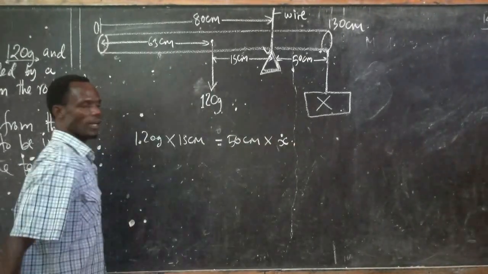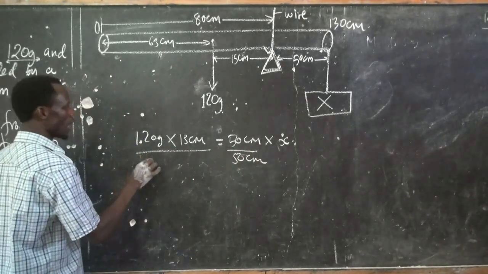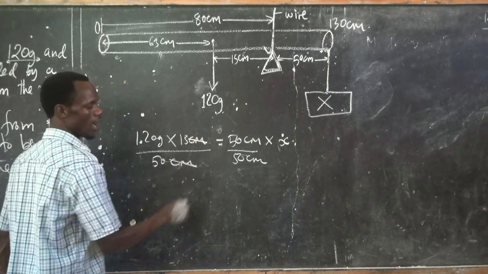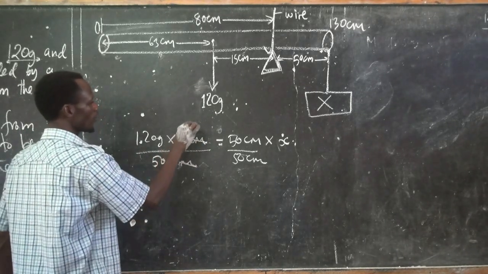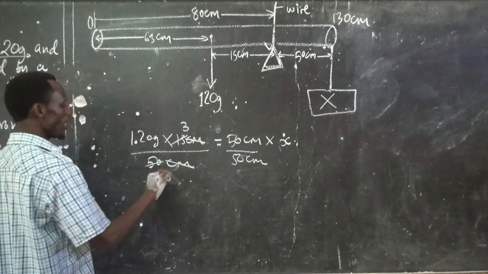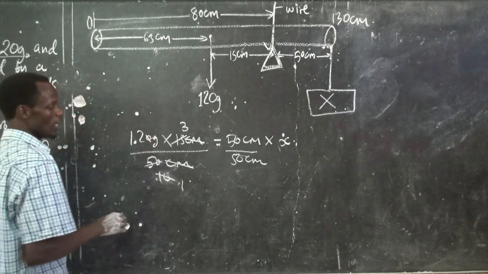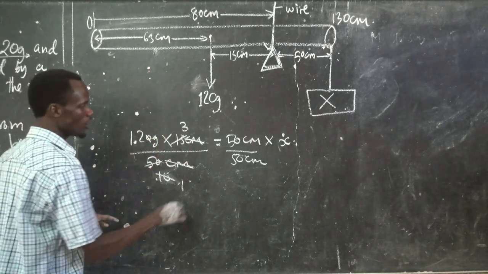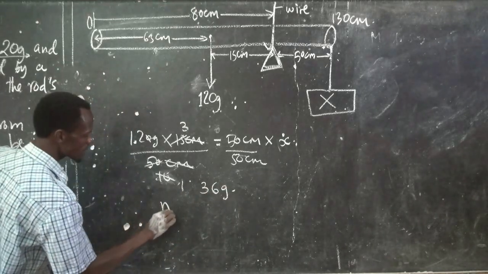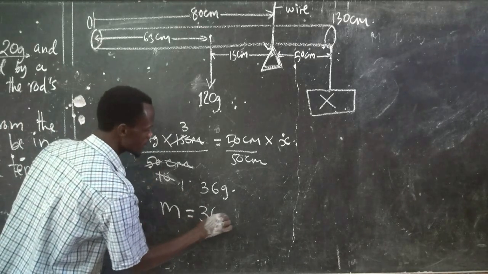Now let us divide by 50 centimeter. By 5 here, 3. By 5 here, 10. By 10 here, 1. By 10 here, 12. Now we have 12 times 3, which is equal to 36 gram. Now the mass that will be hung at the right end is 36 gram.